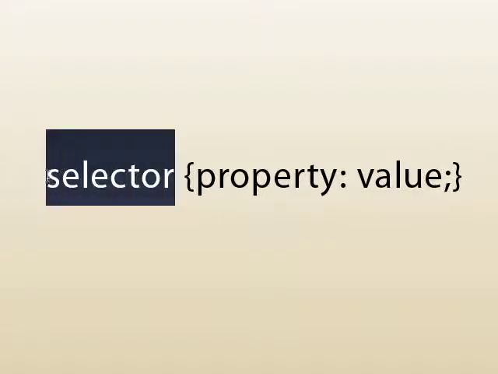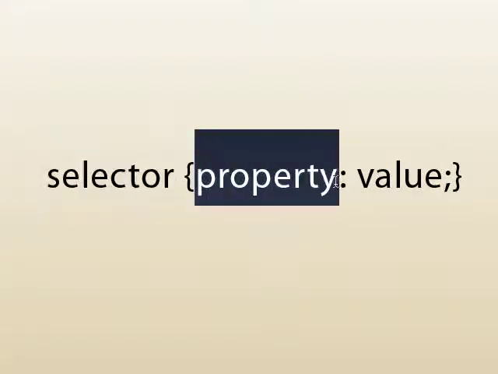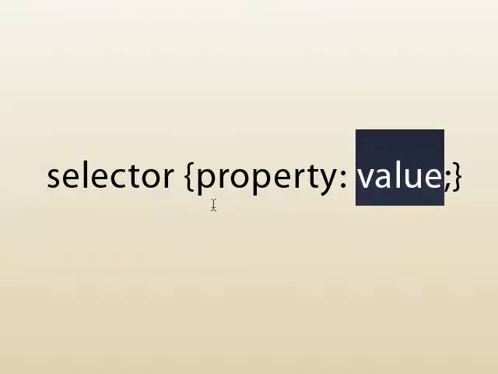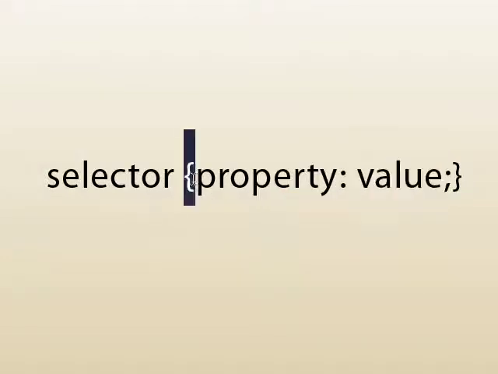And I could put any selector here that I want, any property here that I want, and any value here that I want. Notice that the property and its values always are found inside of curly brackets. Notice also that there's always a colon separating the property and its value, and that there's always a semicolon at the end of this property value statement.